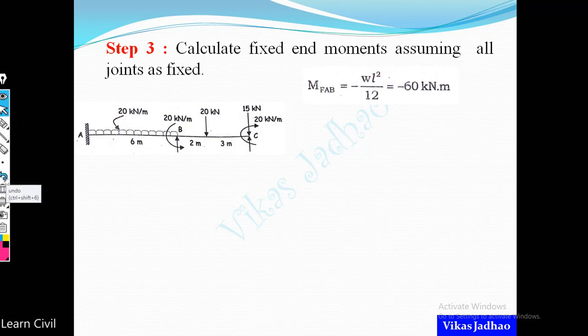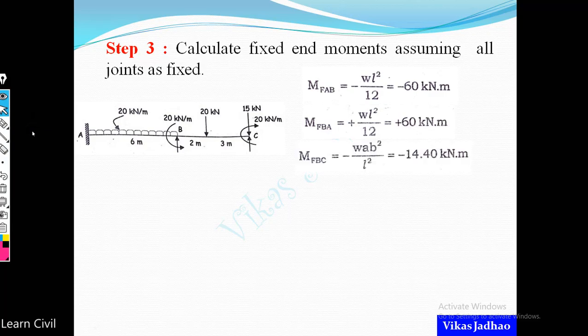We have W is equal to 20 and L is equal to 6 meters. So we get MFAB is equal to minus 60 kilonewton meter. Similarly, MFBA will be equal to plus 60 kilonewton meter.